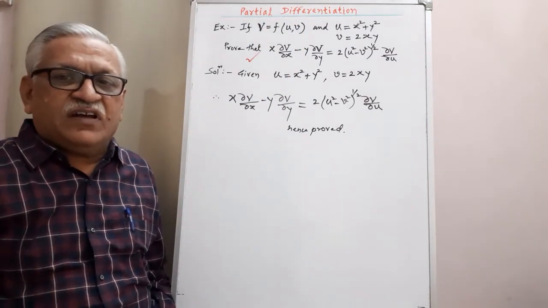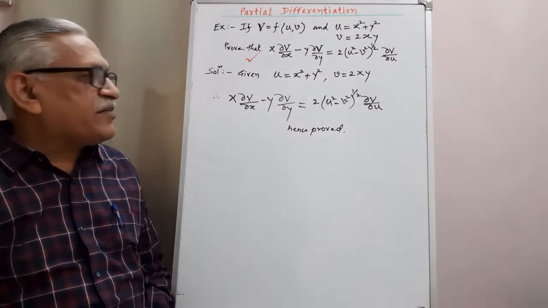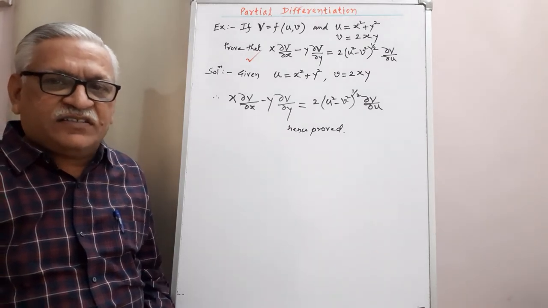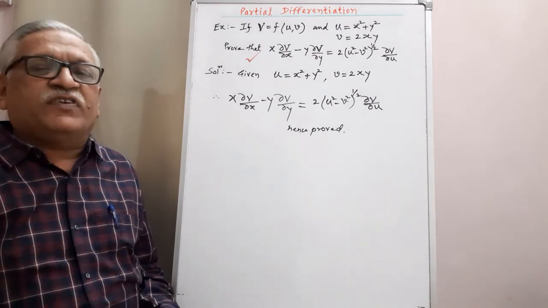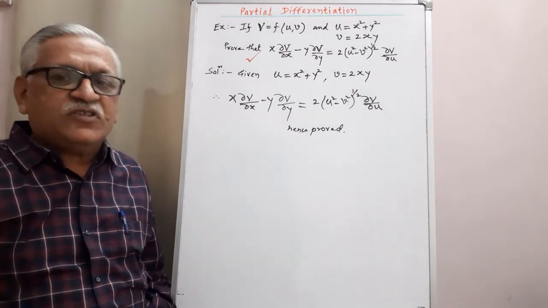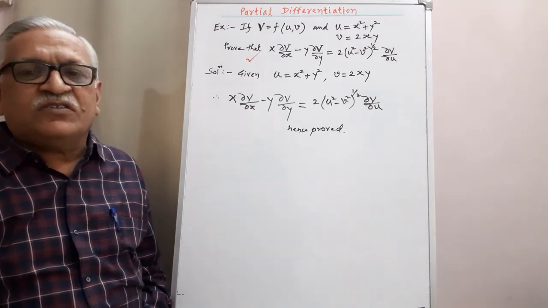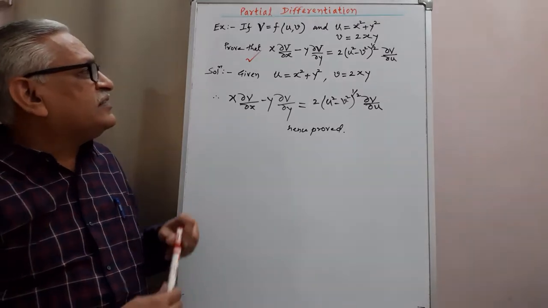Okay. Very simple problem. Only important one is that tree diagram. आपको problem identify करना आना चाहिए कि whether it is a problem of partial differentiation or whether it is a problem of Euler's theorem or whether it is a problem of change of independent variable or problem of total derivative. तो वो कैसा पता करना है?